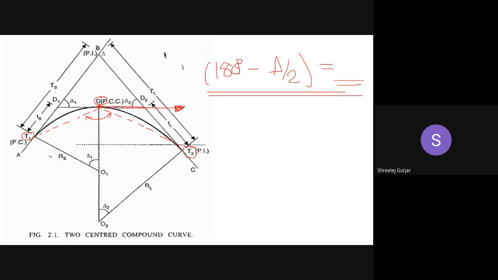Your line of sight has to be in this direction, so you have to do these 2 to 3 steps to arrive at this line of sight. Then you can use Rankine's method and set out your curve using deflection angles. After you have set it, you can perform a check by this formula. So this is how you can set a compound curve.